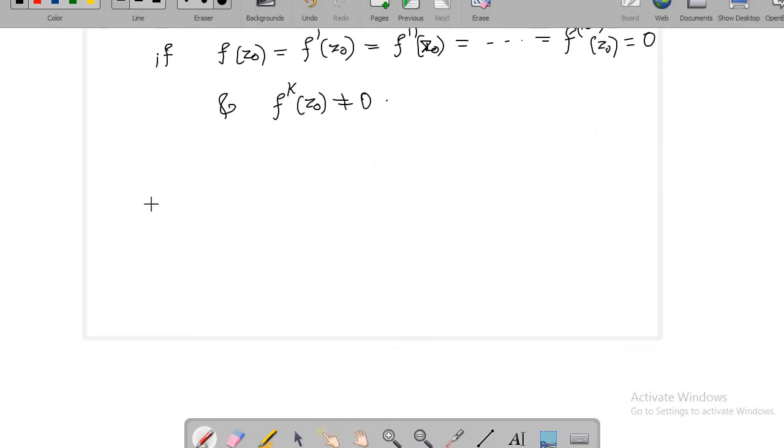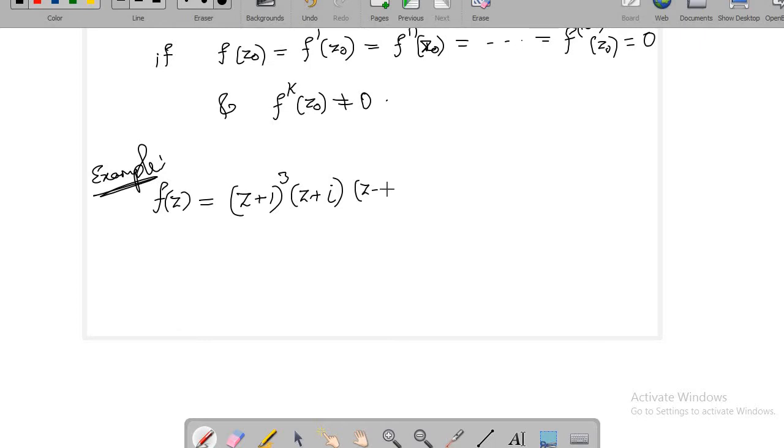For example, if I take f of z equal to z plus 1 whole cube into z plus i into z minus 2i, the zeros of f are negative 1, negative i, and 2i.